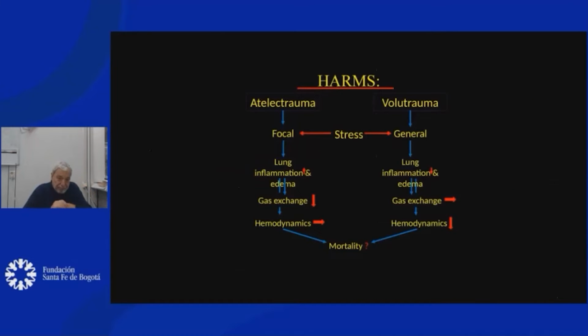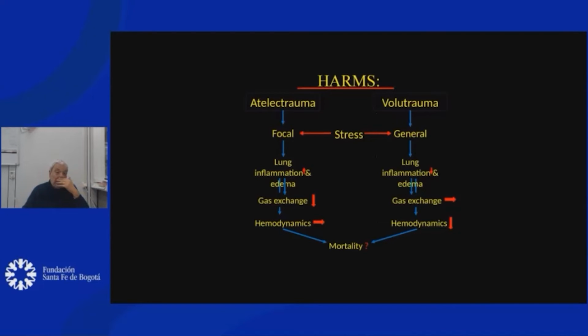So we know also that when we compare higher and lower PEEP, that means 7, 8 versus 12, 13, in case of lower PEEP, we have the possible damage of atelectrauma. With higher PEEP, we have a possible damage of volutrauma.